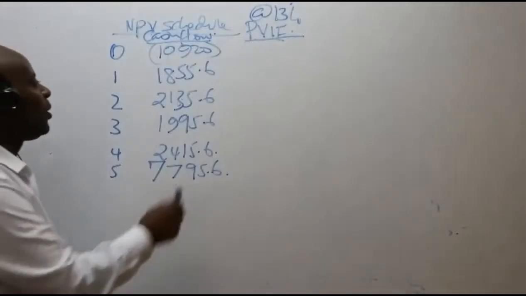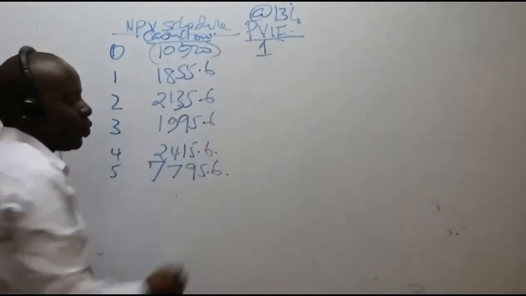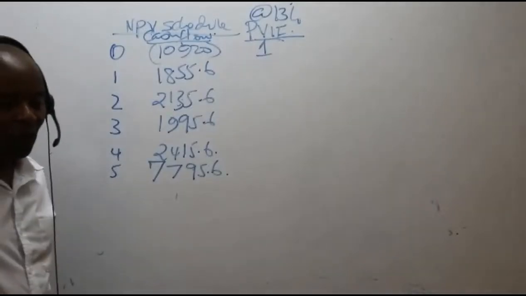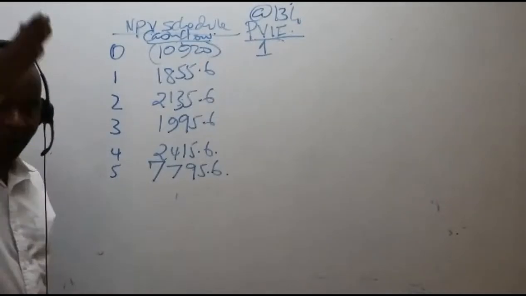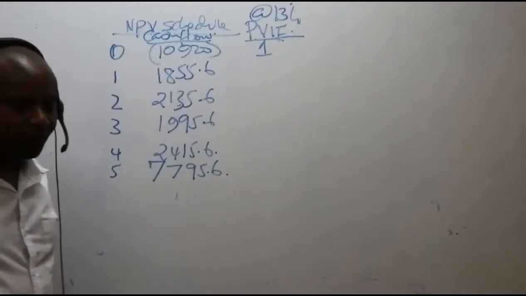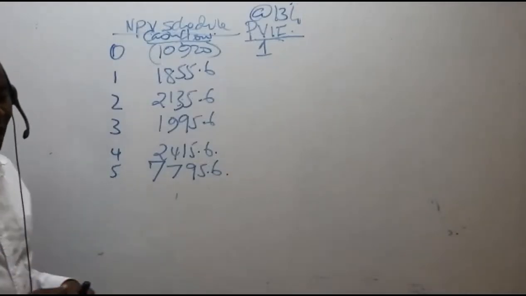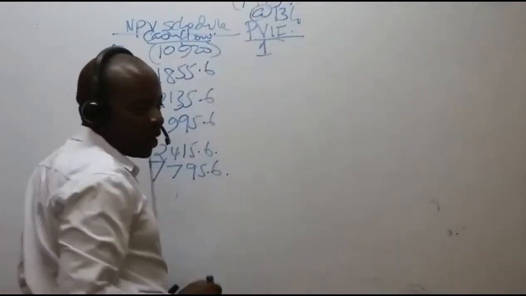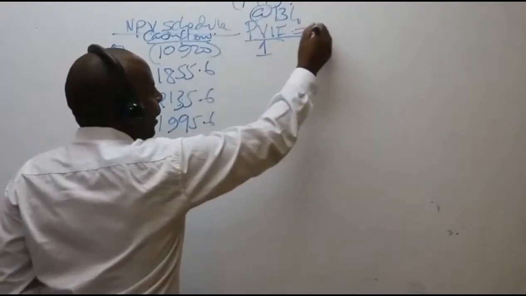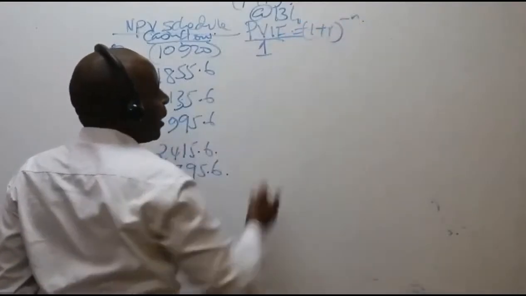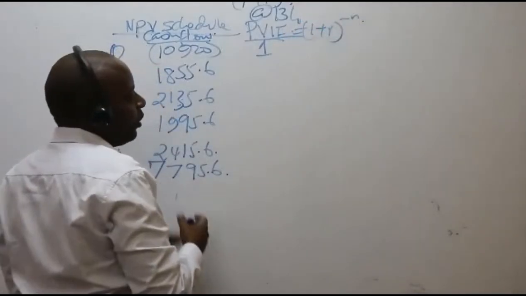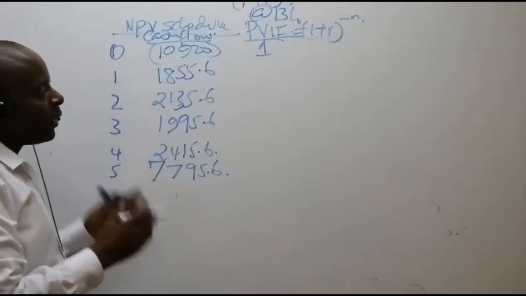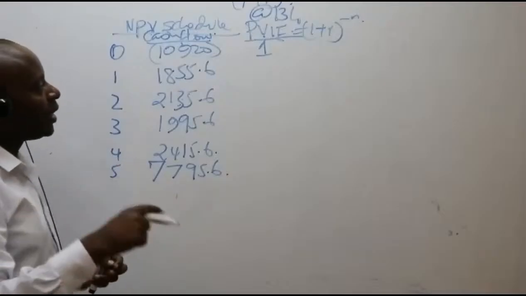I know that at time 0, the PVIF will always be equal to 1. Is there anybody who has got 13% in their table? If you don't have it, you know the formula: 1 plus R raised to negative n. So the first one will be 1 plus 0.13, so 1.13 raised to minus 1.